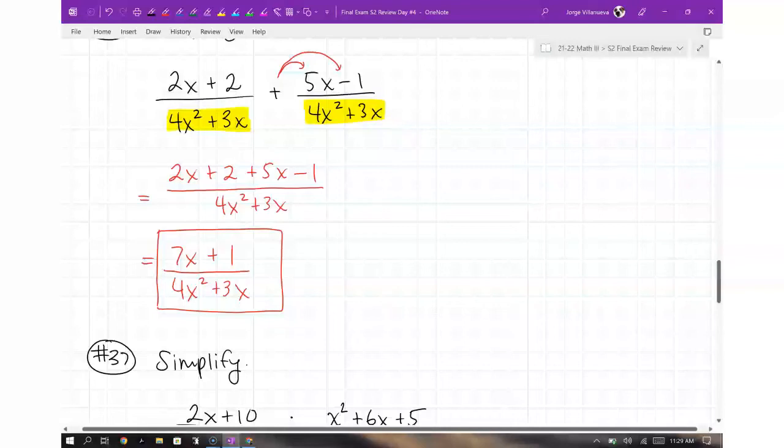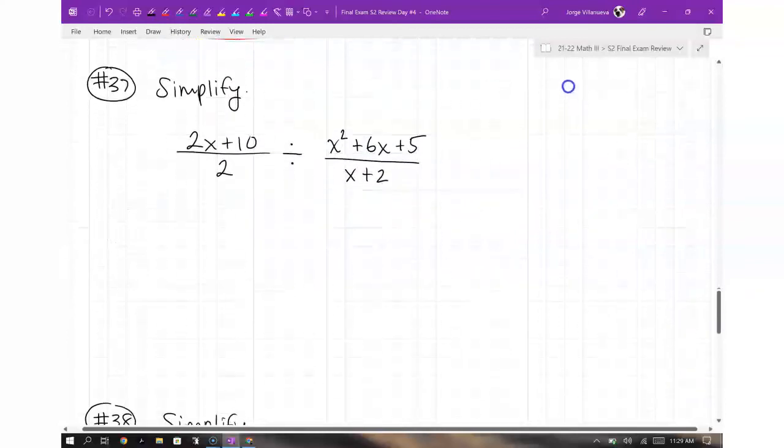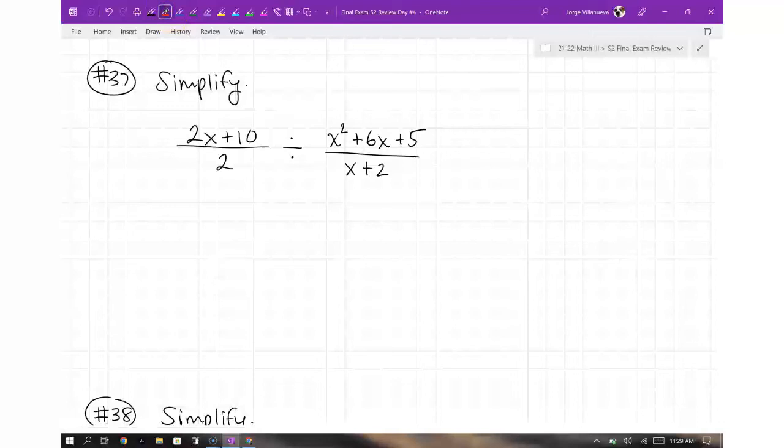All right, we got 4 more to go, 37, 38, 39, and 40. This is the one that I think is the toughest one out of all of them, because we are going to have to factor things out. They want us to simplify a fraction divided by a fraction. But remember, we don't want to divide fractions. We want to multiply by reciprocals.